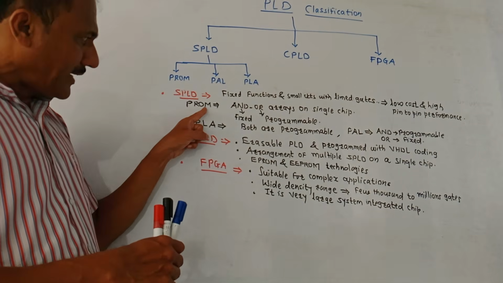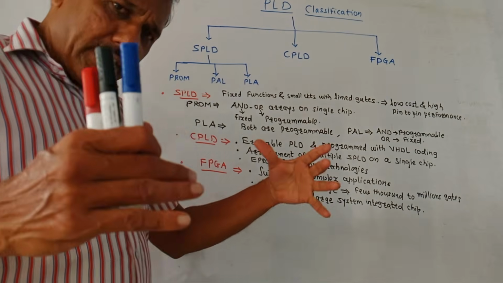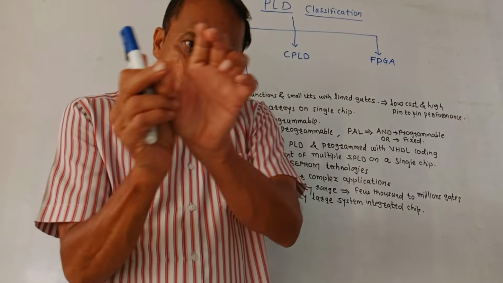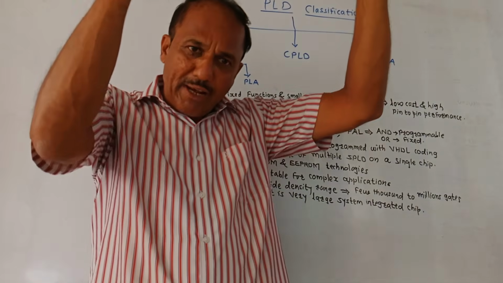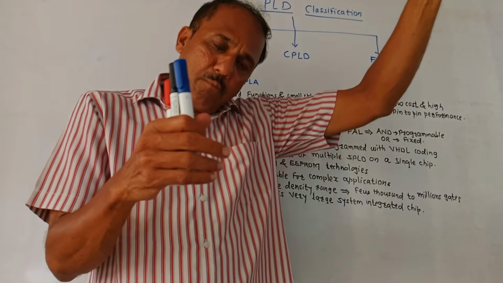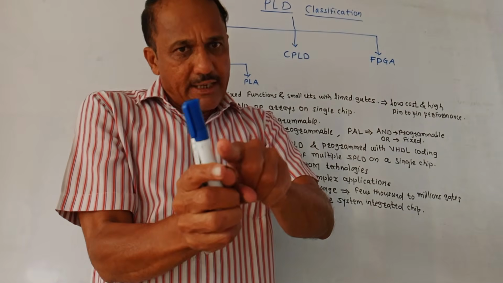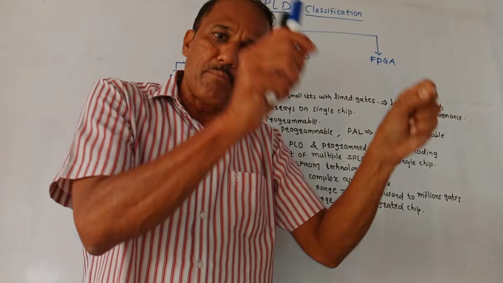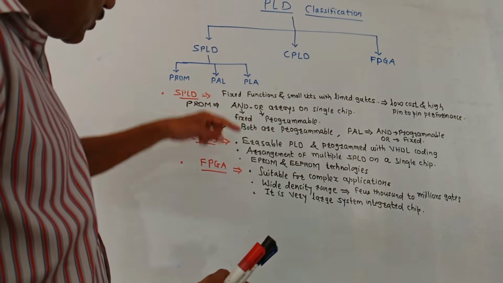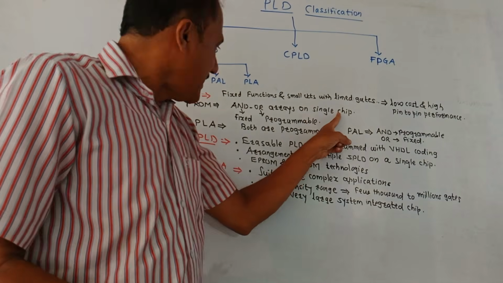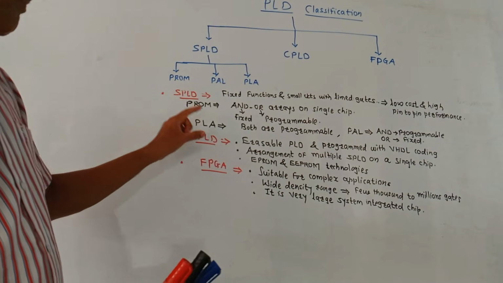So programmable read-only memory. It is basically an array of AND OR gates. That means it consists of an array which has a number of logical AND gates, and again it is having an array which consists of a number of logical OR gates. So AND OR arrays are implemented on a single chip in case of a PROM.